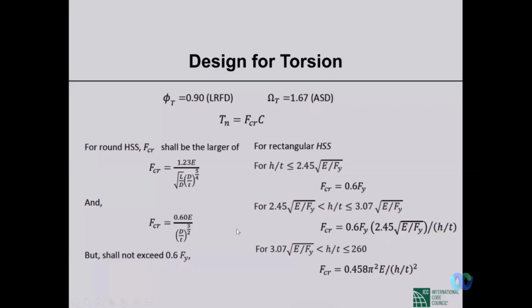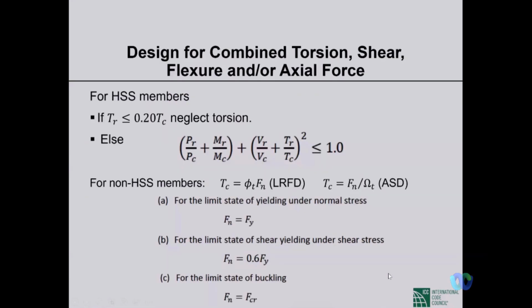For round HSS, we have two criteria, and we have to see which one is larger. And for rectangular HSS, it depends on the web slenderness ratio, width thickness ratio. Anyway, again, we can understand that we have a completely plastic case, and elastic buckling and inelastic buckling phases, similar in all the modes of load transfer.